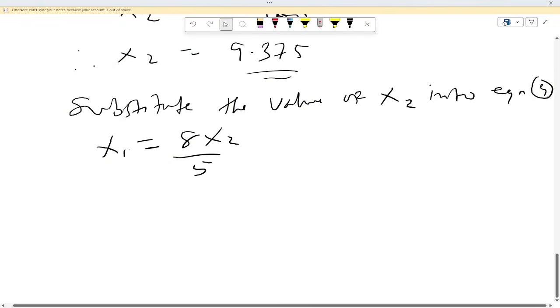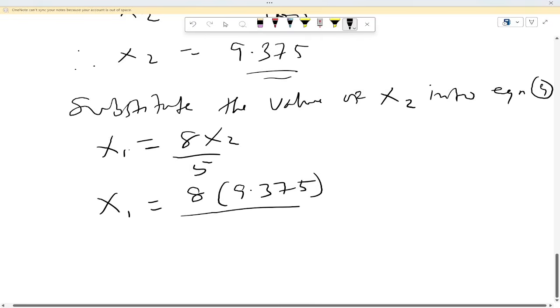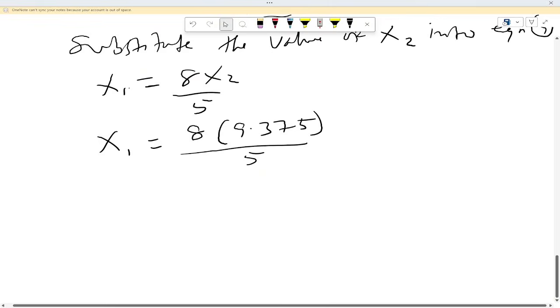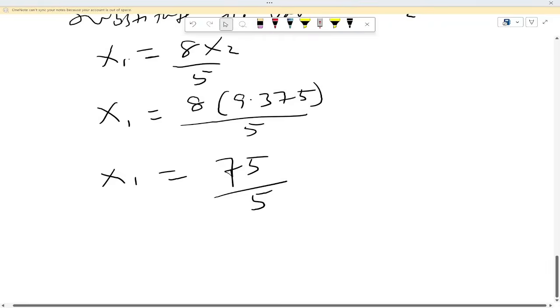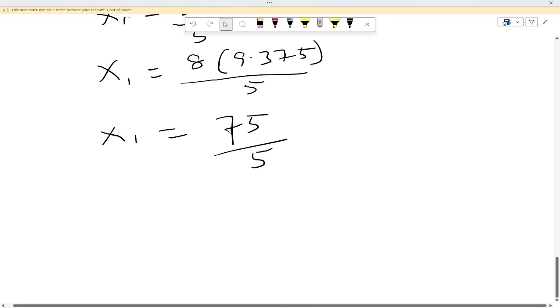So what do you have? x1 equal to 8 into 9.375 all over 5. So you end up having x1 equal to, when you multiply, you have 75 all over 5. And when you divide that by 5, you end up having x1 equal to 15.